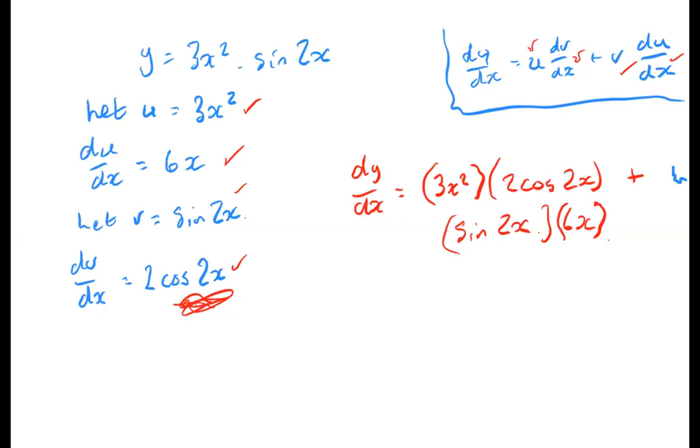So once we've done that, we can bring any kind of like terms together. We've got 2 constants here, 3 and 2. So we can make that 6x squared times cos 2x plus 6x sine 2x.